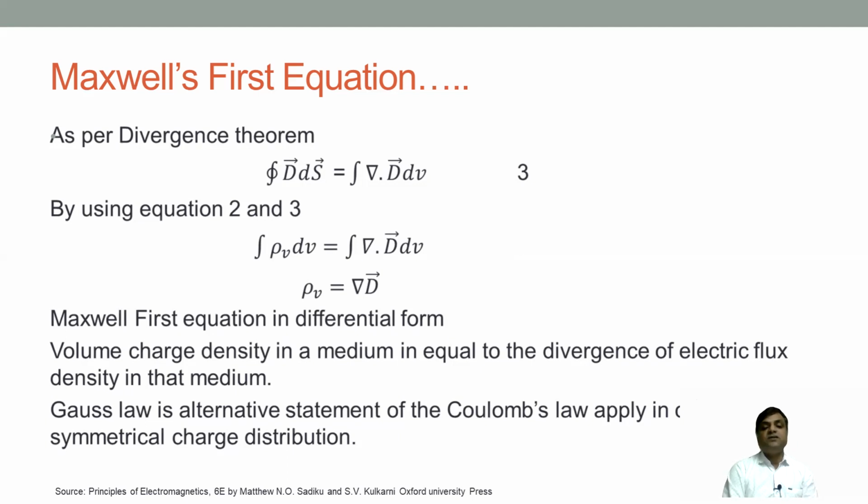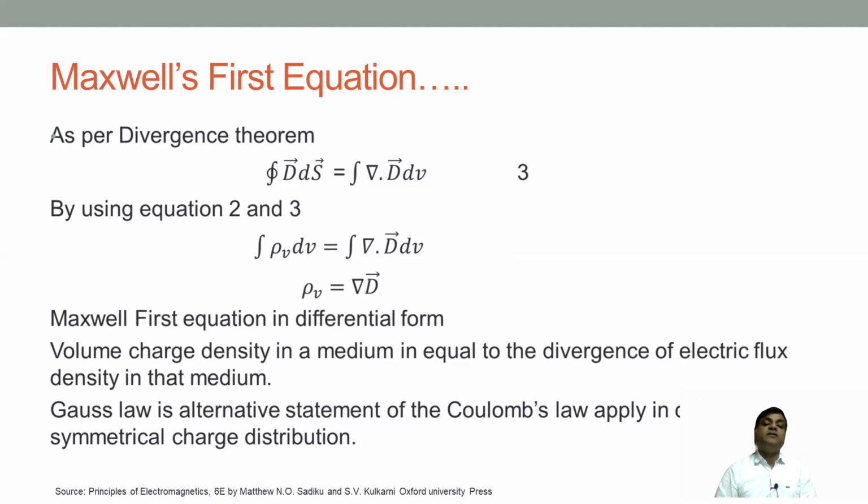By using this theorem, the integral of rho v dv is equal to the integral of del dot D dv. We see the volume integral on the left side and the right side. If we remove the volume integral, then we get del dot D equal to rho v.